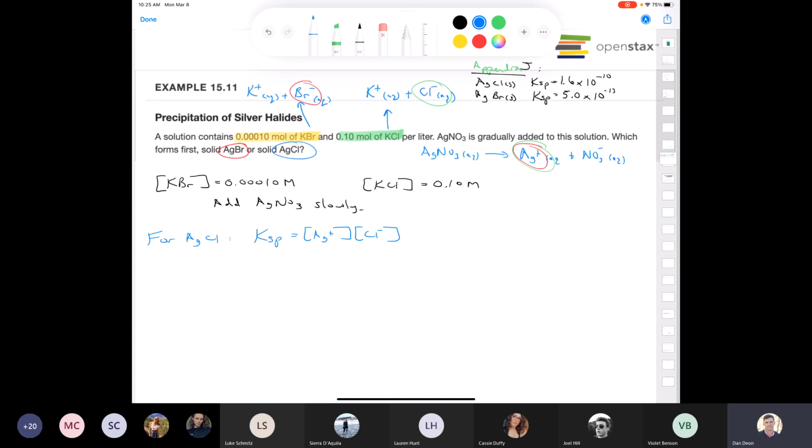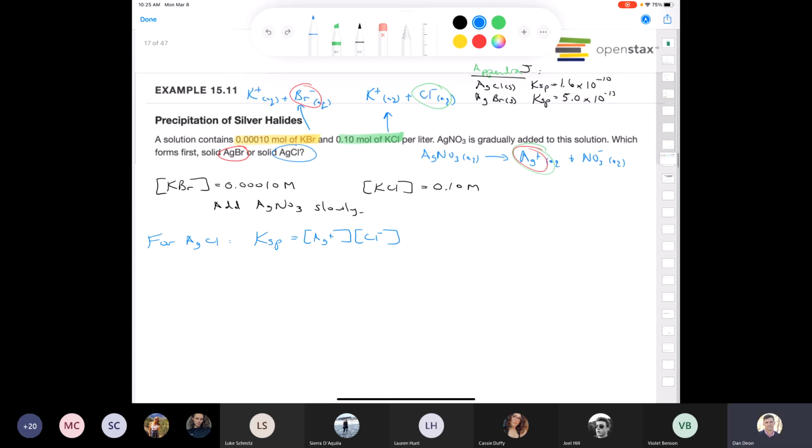Well, we know the KSP, and we know the concentration of chloride ions that we have in solution, right? Because if we have 0.10 molar KCl, again, I'm not going to write it in an ice table, but you should know that it's going to dissociate completely. The stoichiometric ratio is 1:1 for potassium chloride and chloride ions. Therefore, the concentration of my chloride is going to be 0.10 molar.